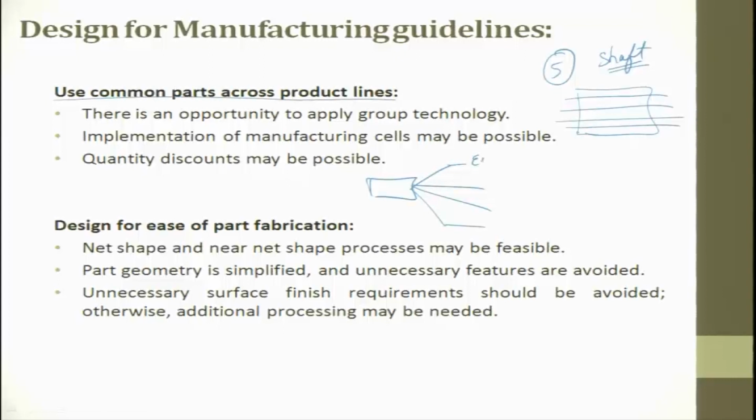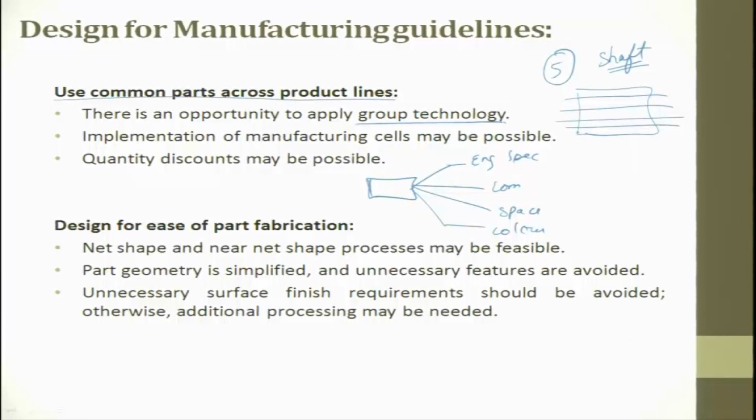For example, I can change the engine spec, I can give more comfort, I can give more space inside the car, I can give you different colors. So these are all different varieties in which a single product can be given. So I have multiple lines, and I try to make the parts which are used in every line almost the same.